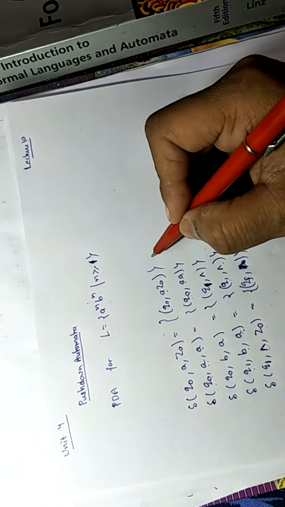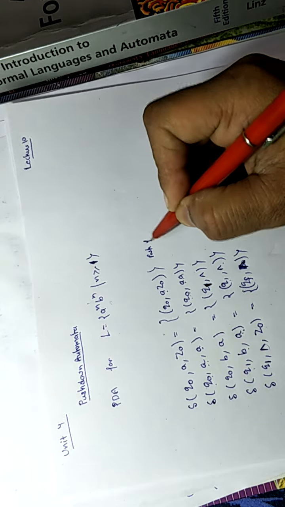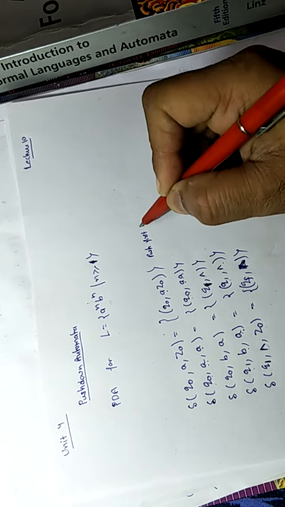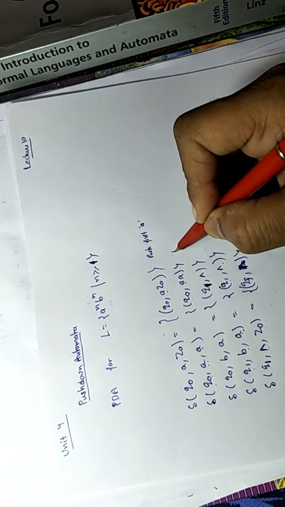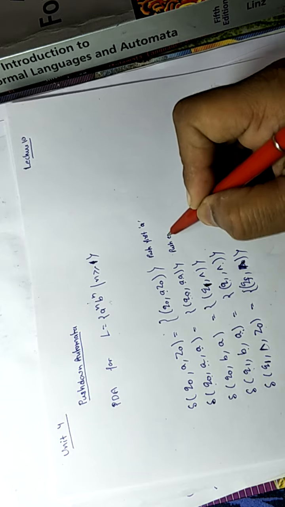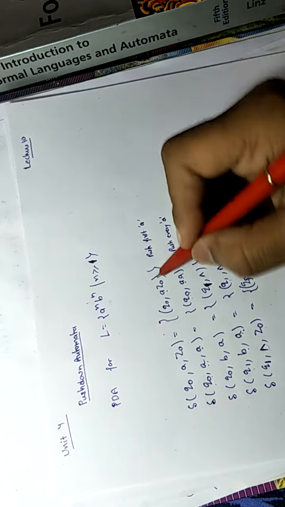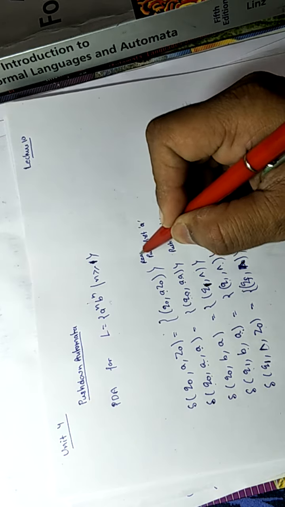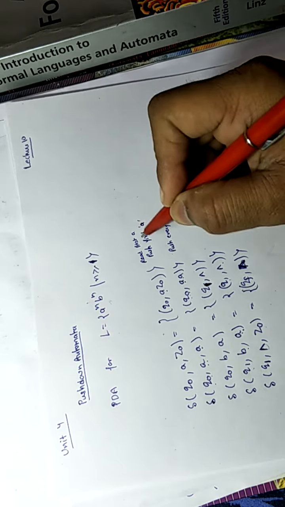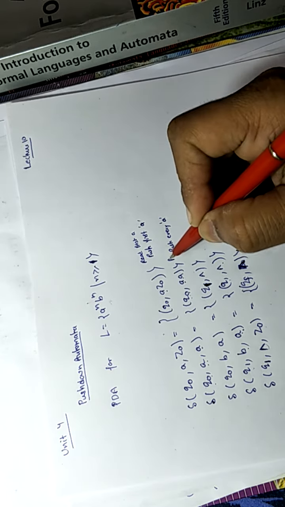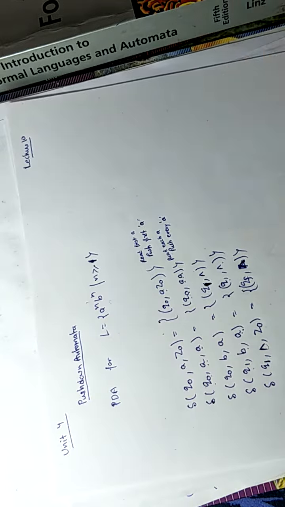So in the PDA, this is push first a. First a means z0 is at the top of the stack. Now push every a: read first a and push first a, read each a and push every a.